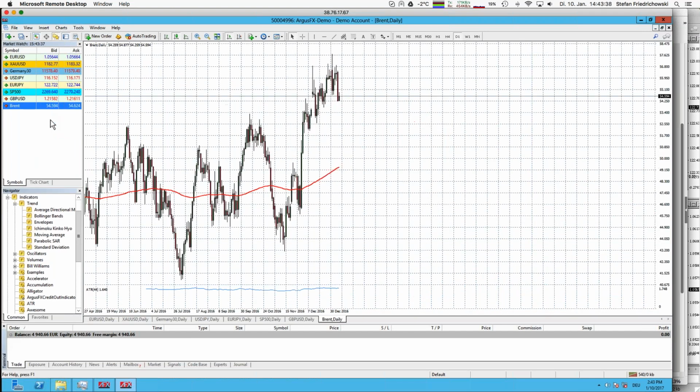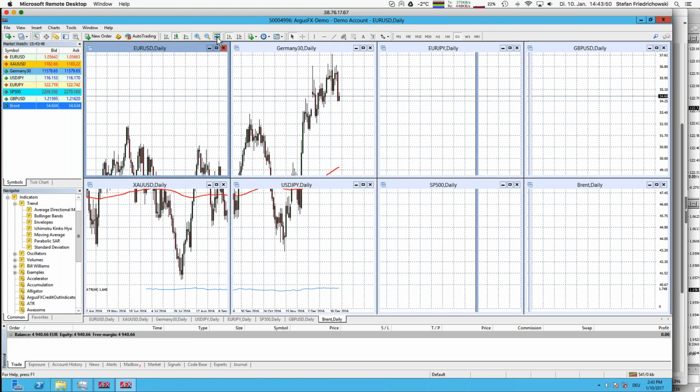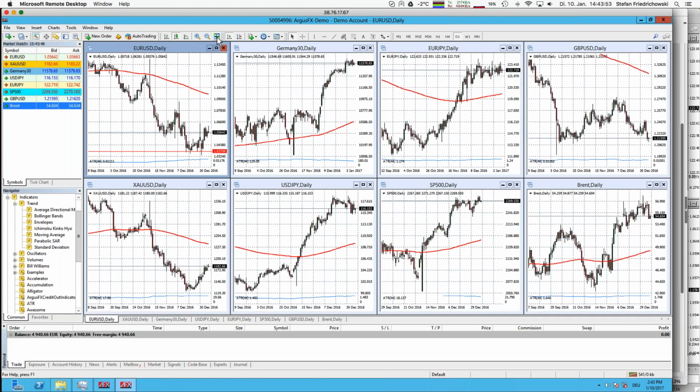So now we have those 8 charts open, and in order to get those 8 charts within one overall picture, we have to press that rearranging window button, and now you see we have all the 8 within one single picture.